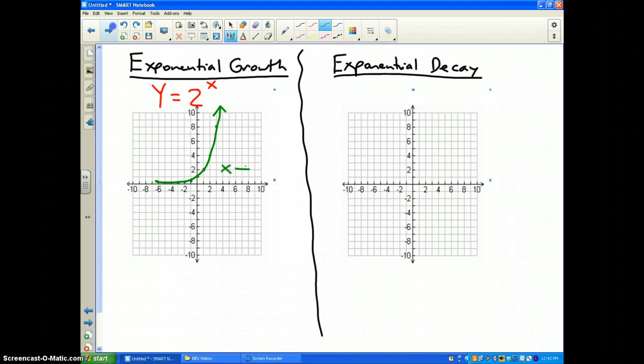As x approaches positive infinity, as x is going in that direction, the y values grow rapidly in that direction. This is an example of a graph that's called exponential growth, because it's going up very fast.